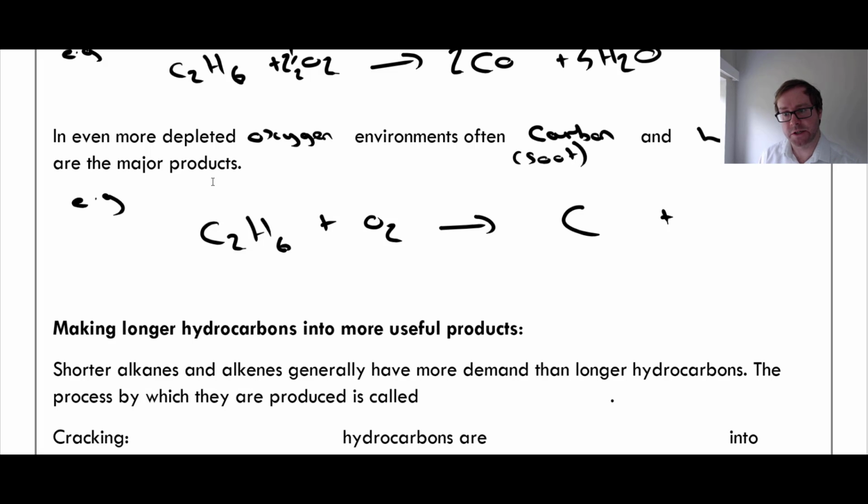So that's the black stuff you see if you've got a fire, so a coal or wood burning fire. So we need 2C, 3H2O, so I need to balance my oxygens, so I have 3 oxygens, therefore 1.5 oxygens.